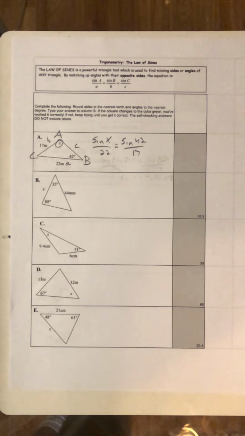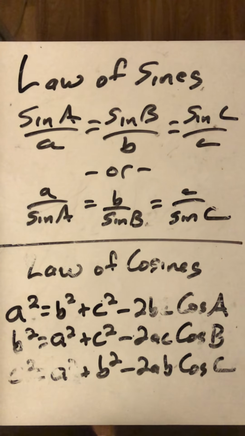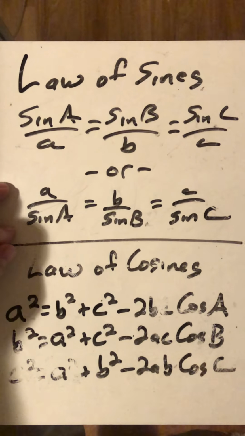It says that sine of angle A over side A is equal to sine of angle B over side B is equal to sine of angle C over side C. And remember, side A is opposite angle A, side B is opposite angle B, and side C is opposite angle C. Remember that the reciprocal of this is also true. So if you flip those around, it's also true, okay?